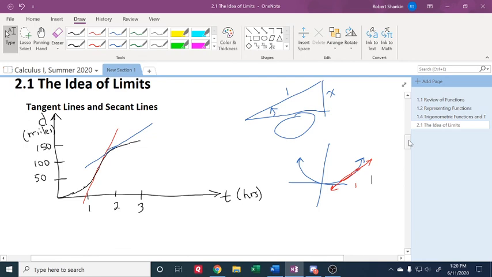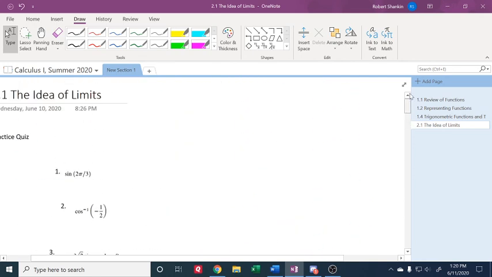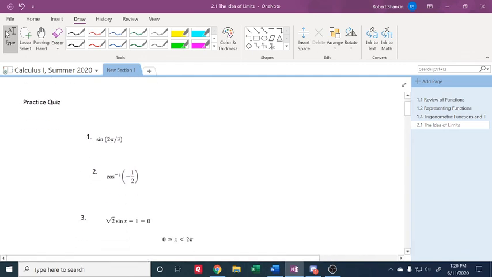All right. I want to shift back now to some more of this practice quiz. Do problem number 1, the sine of 2 pi over 3, and then go ahead to problem number 2 as well. Do both of those.